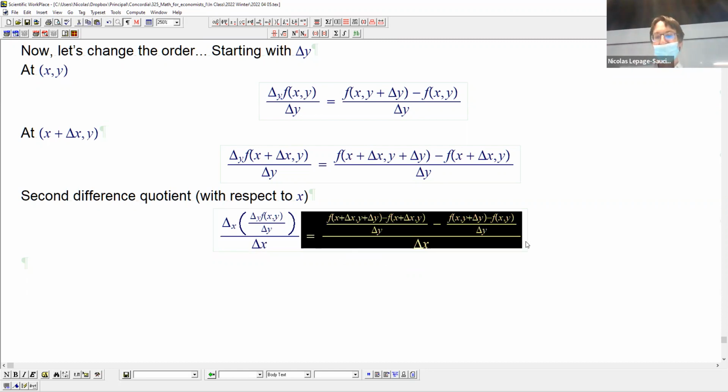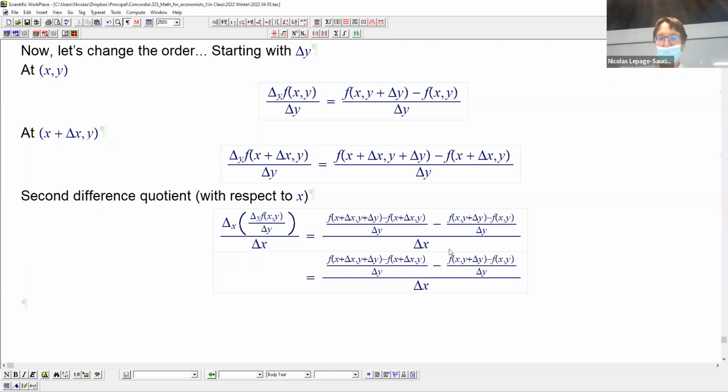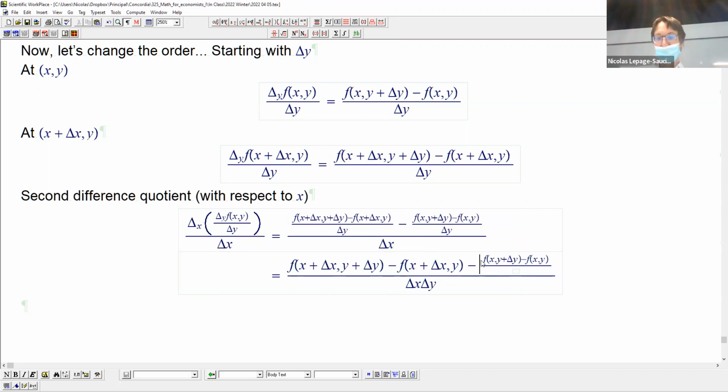And then again, I can do the same thing. So let's now put the delta y in the numerator. Here I get this, and there's a minus sign in front of that one, and a plus, so minus times minus gives me a plus.